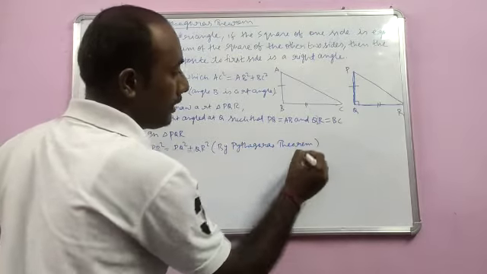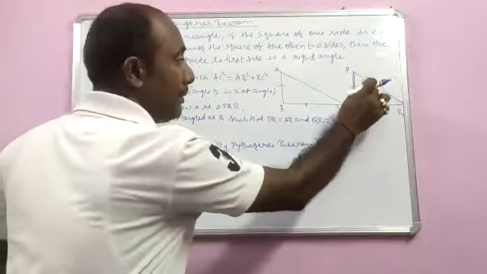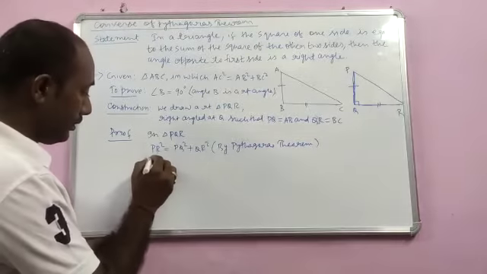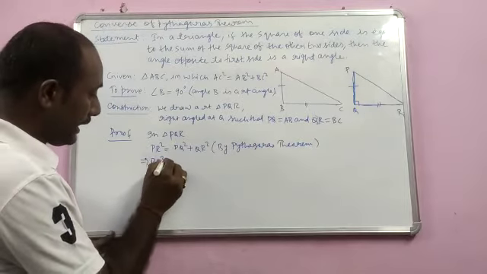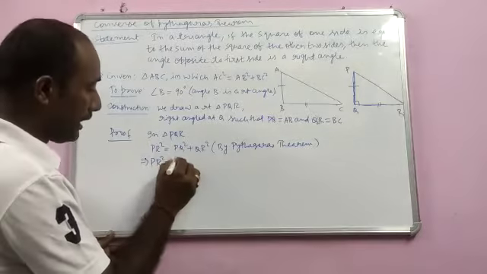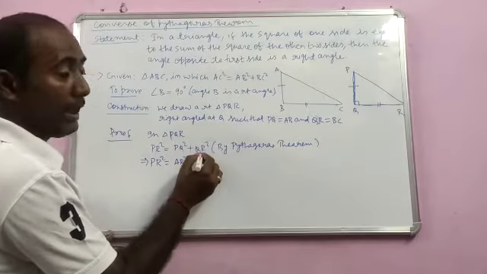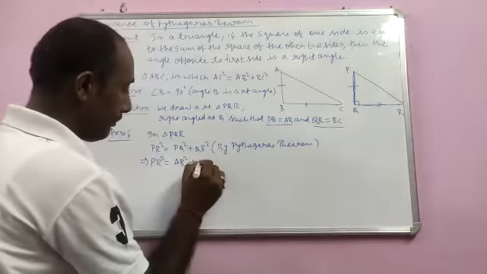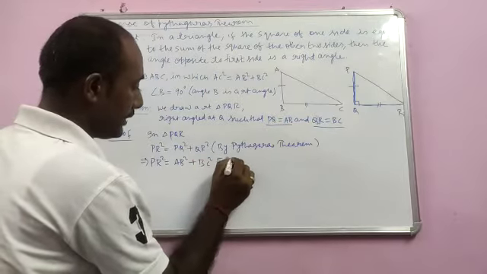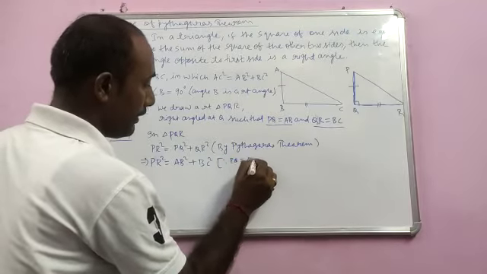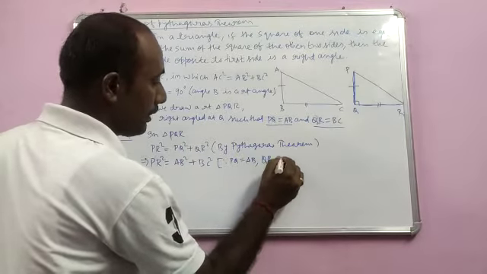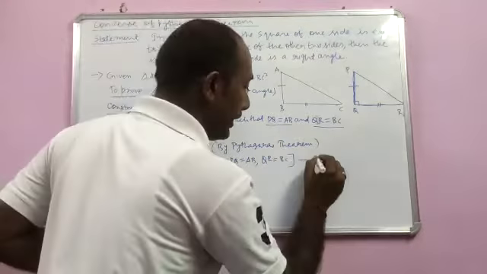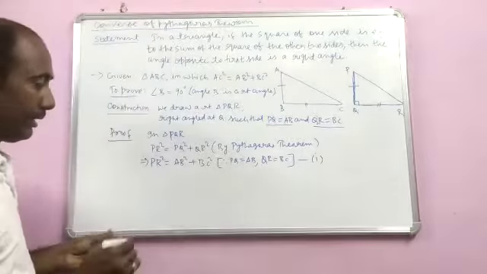With the use of Pythagoras theorem, we can write this for this triangle, because this is a right triangle at Q. Next we move to writing PQ as AB and QR as BC, because we have assumed PQ as AB and QR as BC. Why? Since PQ is equal to AB and QR is equal to BC. After getting this result, we will name it as equation 1.